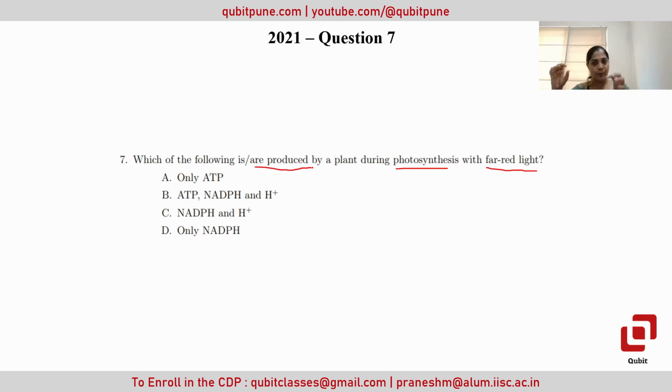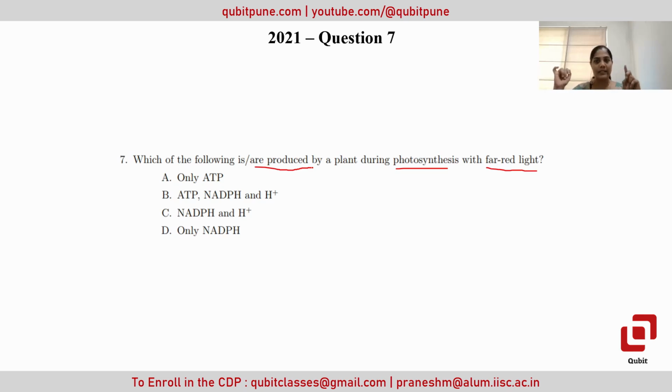So if the plant is exposed only to far red light, only PS1 will be activated. Only PS1 can be functional because it has the capacity to absorb a wavelength of 700 nanometers. If only PS1 is involved in this process, that is associated with cyclic photophosphorylation. In cyclic photophosphorylation, only ATP generation happens, because no NADPH-producing enzymes are involved at that time, and water splitting does not happen either.